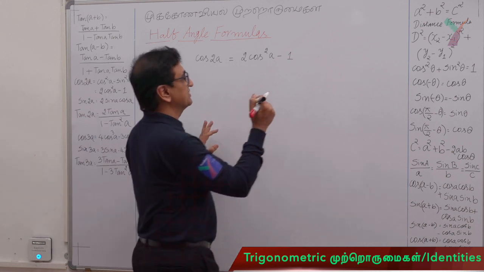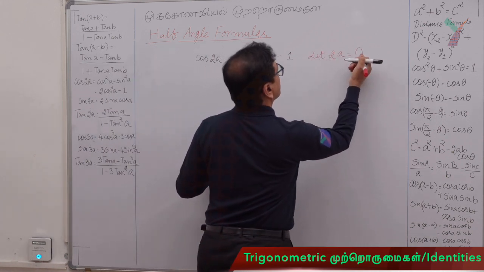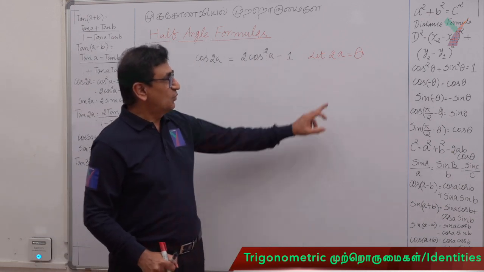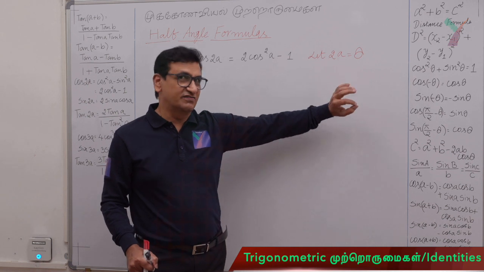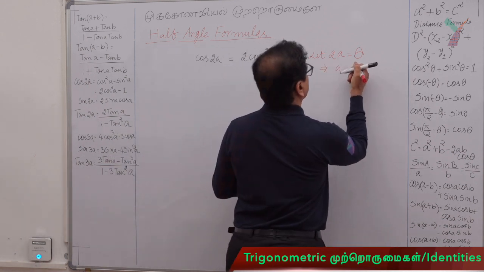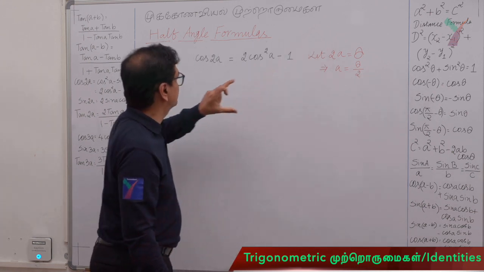I'll write down, you will understand. Let 2A equals theta. That means, what is A? A is theta divided by 2, correct? And I'm going to replace this here.